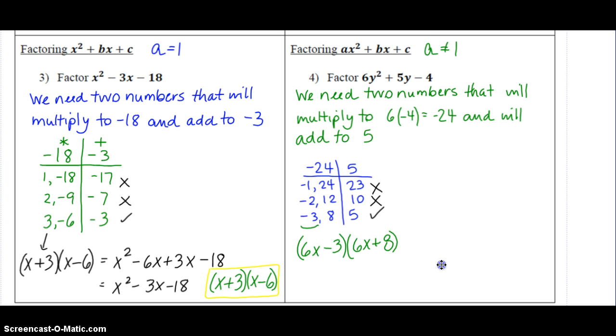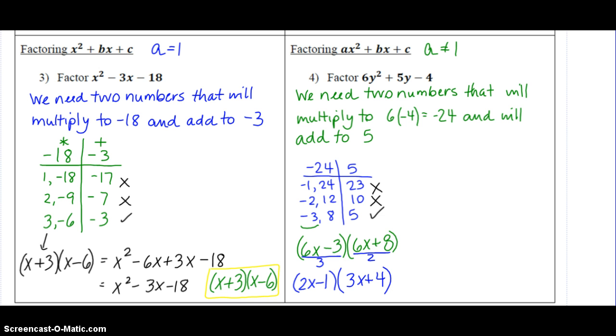In the case of 6 and negative 3, we know that they share a common factor of 3. So if we were to divide out 3 from both of those, we would end up with 2x minus 1. In the other one, we know that 6x plus 8, they both have a common factor of 2. So when we divide that out, we would end up with 3x plus 4.